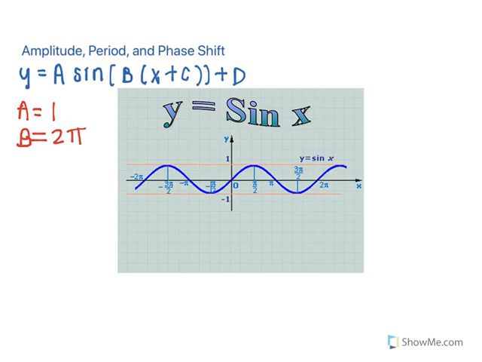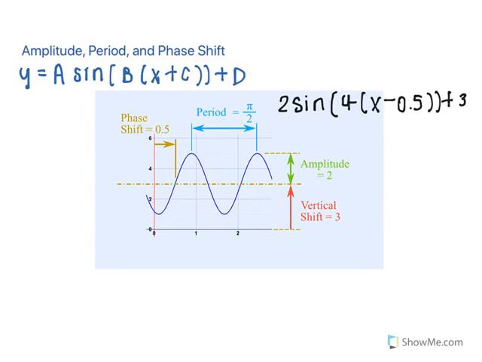Next, we see that there is no phase shift and there's also no vertical shift on this graph. So we can just write down the phase shift is 0 and the vertical shift d is also 0. So we were able to identify the amplitude, period, and phase shift of y equals sine x.